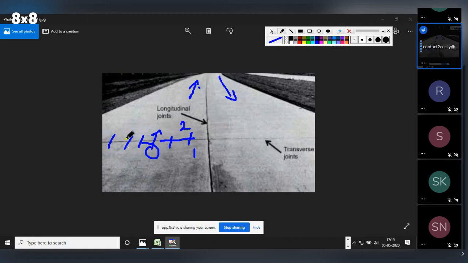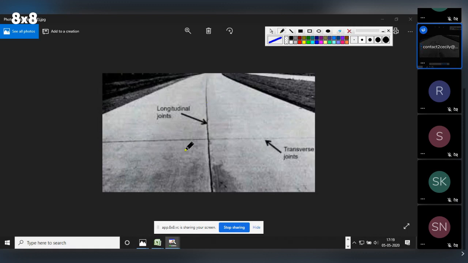Half of the portion will be in this slab and half of the portion will be in that slab. These bars are known as dowel bars. Please keep it in mind, the bars used in the transverse joint are called dowel bars. Similarly, in the longitudinal joint there are gaps, so these are also weak in structure.